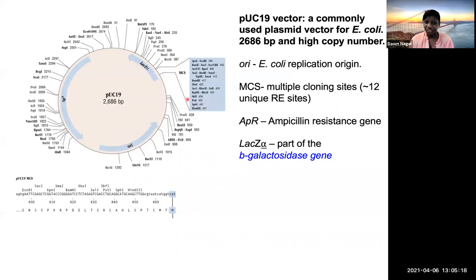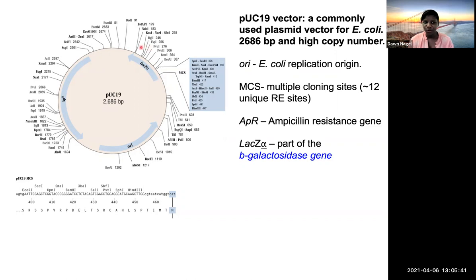I told you that's a region that contains multiple restriction endonuclease sites. So this is your MCS, and this MCS is located within your screening marker, okay? This design needed to be this way in order for us to be able to use it as a screening marker.